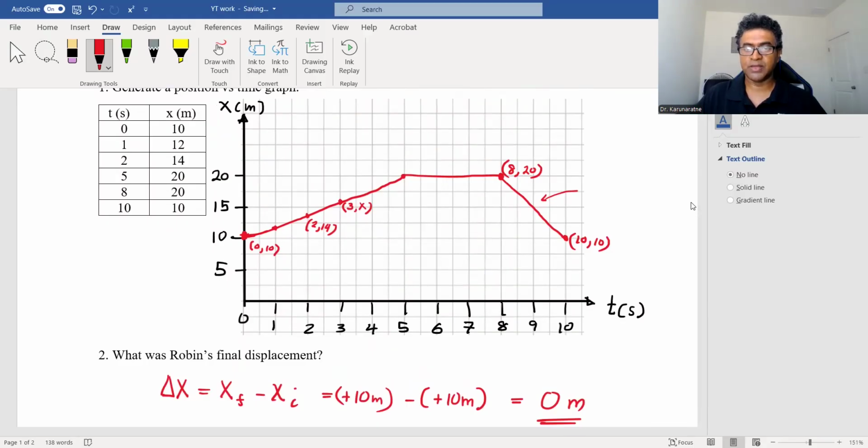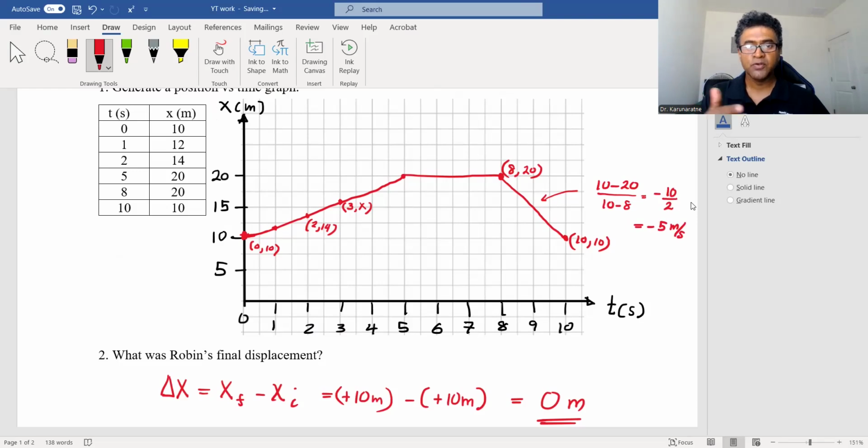So the vertical difference, the rise: the final is 10 minus 20 divided by 10 minus 8. So then you have minus 10 divided by 2, minus 5 meters per second.